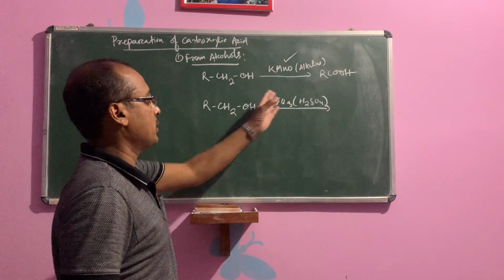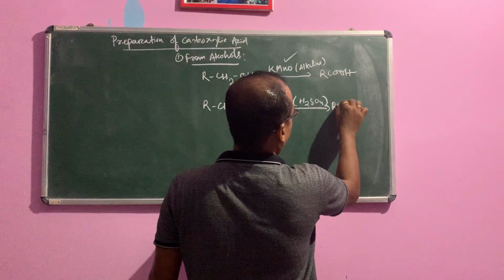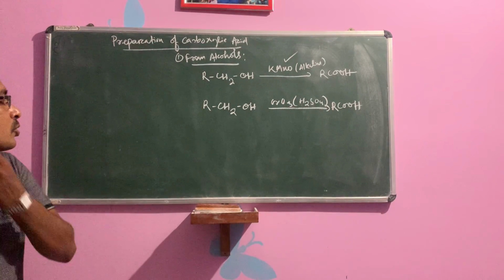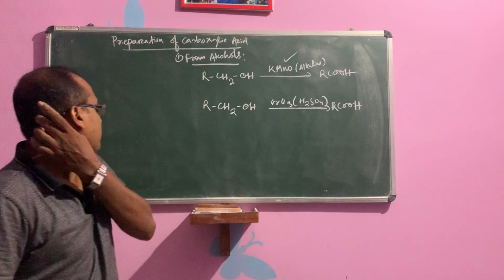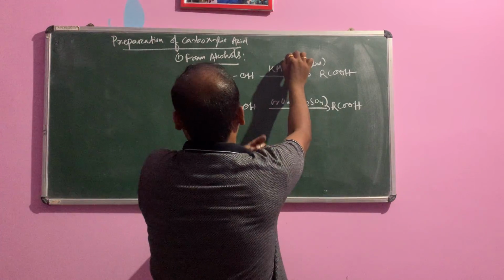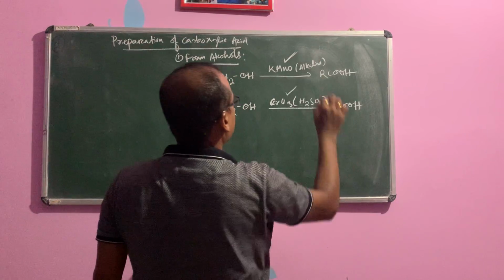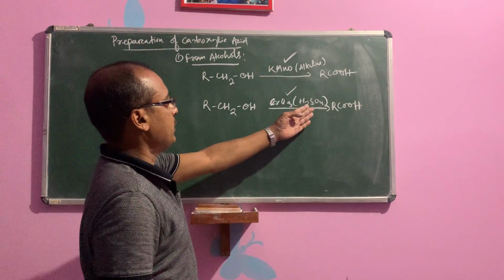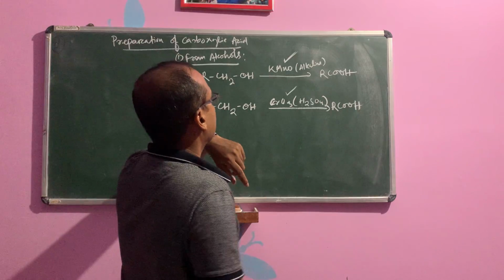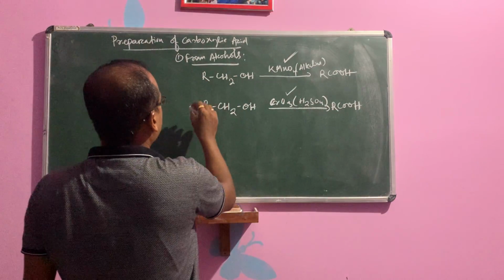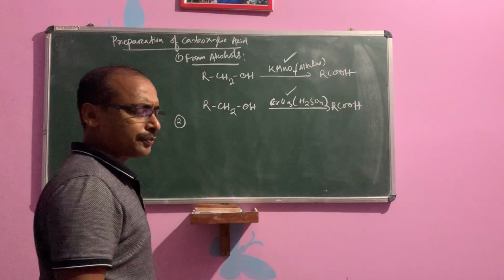It is also a strong oxidizing agent. It will form RCOOH. So these are all about the preparation using strong oxidizing agents: chromic oxide with acid, and potassium permanganate, alkaline or neutral.